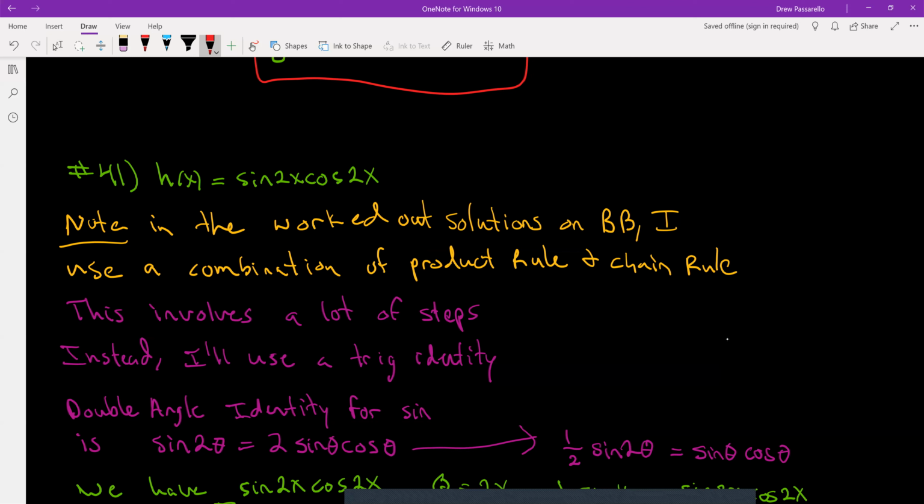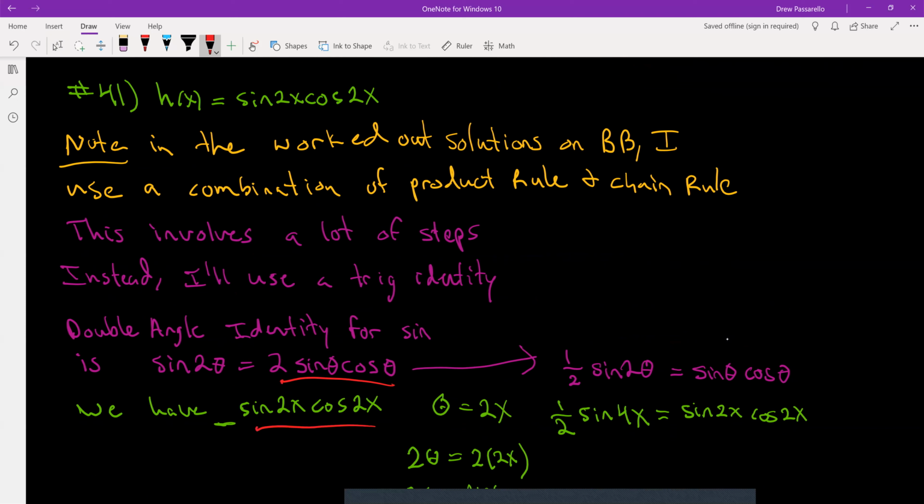It's just for this one, I recognized that it had the double angle identity, 2 sine theta cosine theta. Our problem has sine of 2x cosine 2x. It's just really missing the 2. And then I can line up 2x with theta. So if I divide both sides by 2, that means 1/2 sine of 2 theta is equal to sine theta cosine theta.